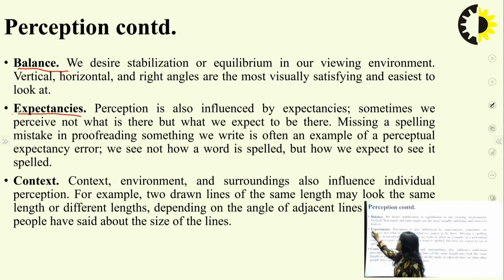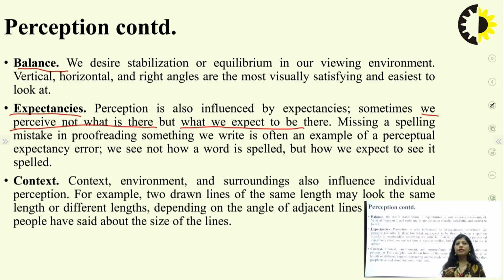Next is expectancies. In this characteristic, perception is also influenced by expectancies. Sometimes we perceive not what is there but what we expect to be there. Here we talk about the expectation of the user, what the human will expect. Missing a spelling mistake when proofreading something we write is often an example of a perceptual expectancy error.